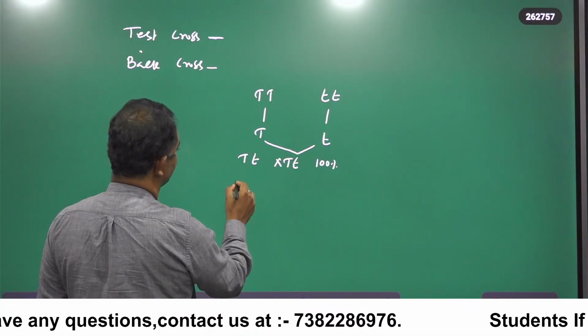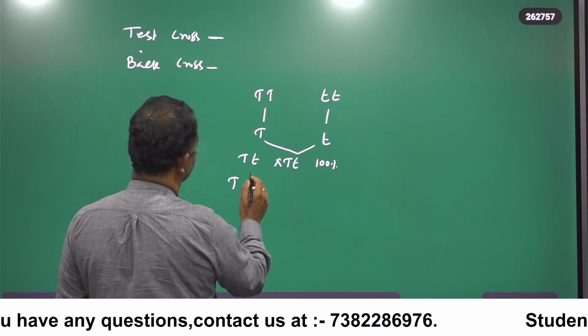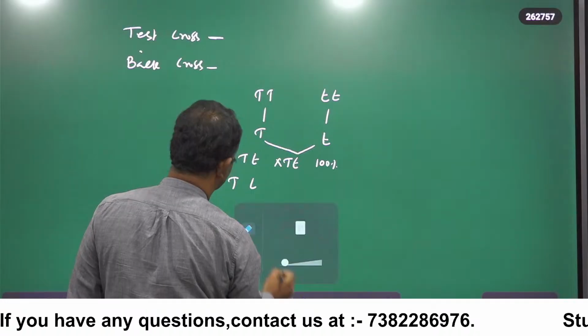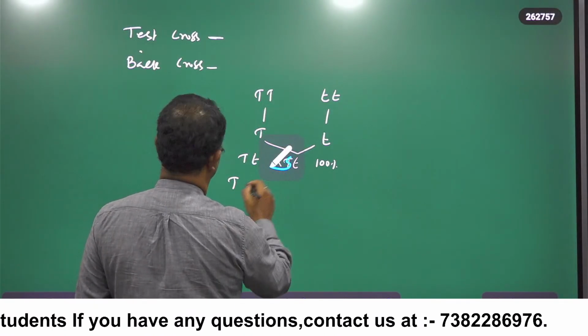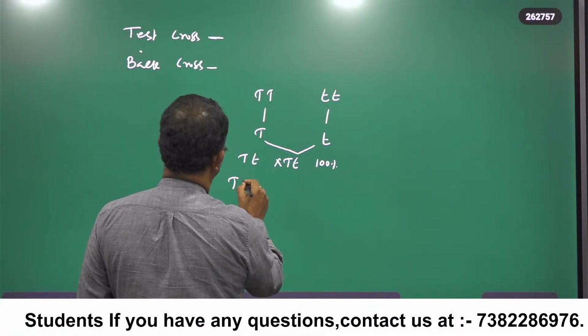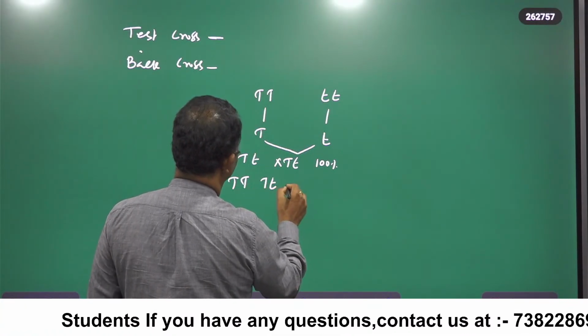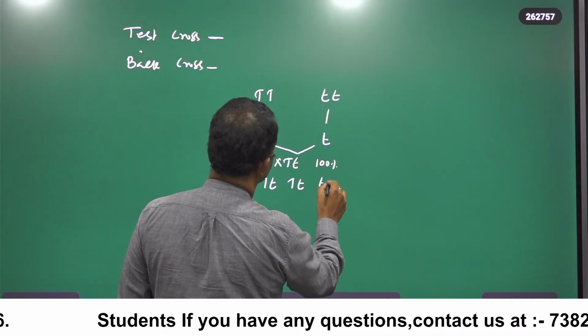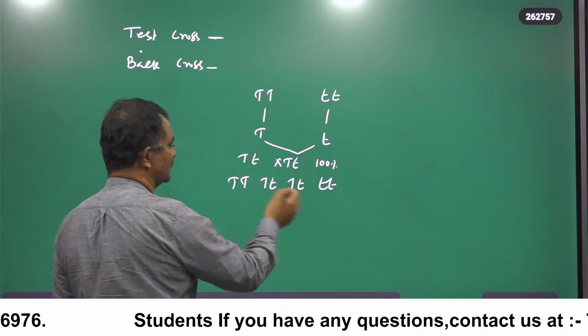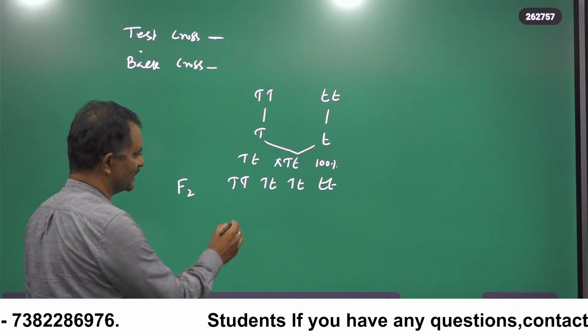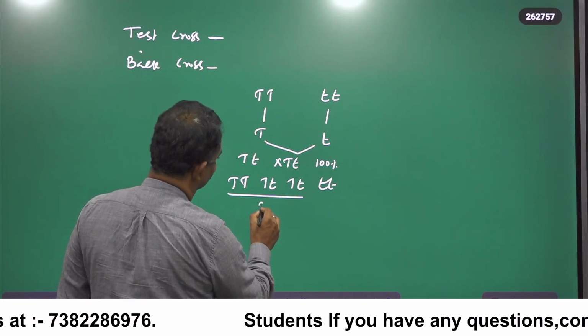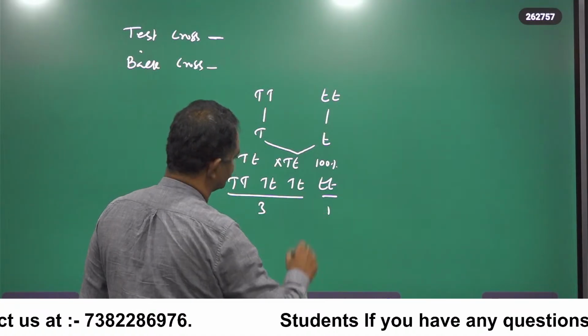Automatically we can get capital T, small t, capital T, small t, small t, small t. So it is the F2 generation, and we can get 3 dominant, 1 recessive.